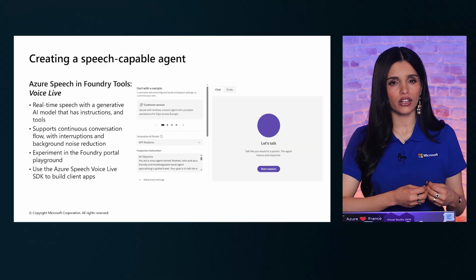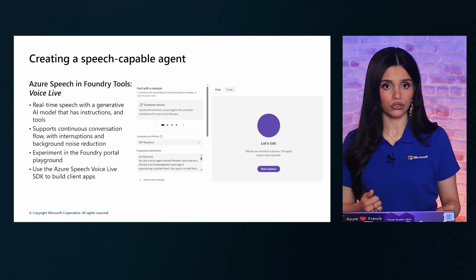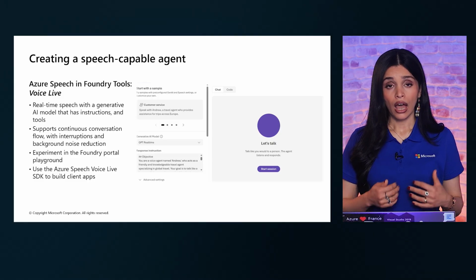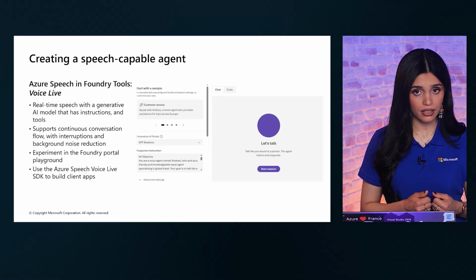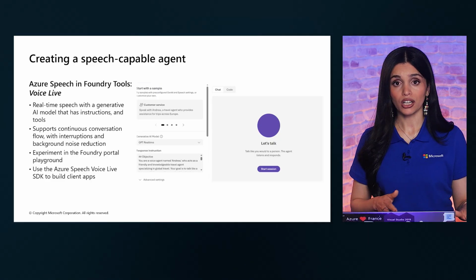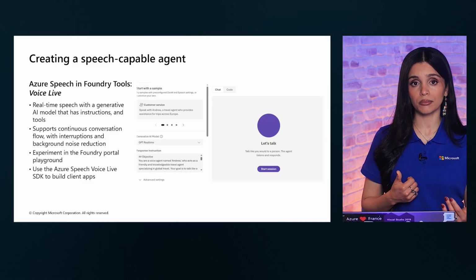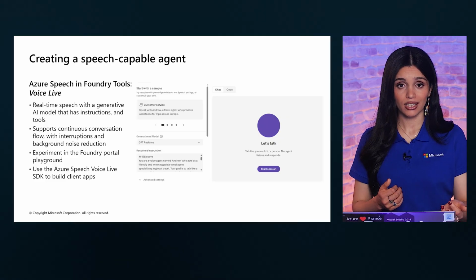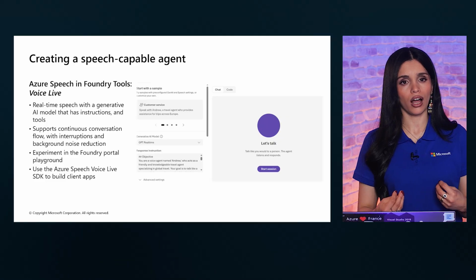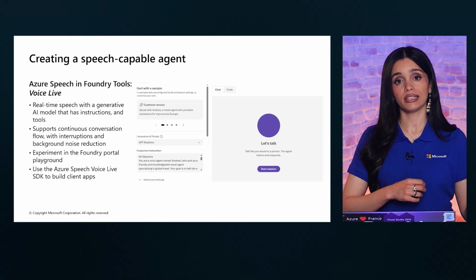The conversation feels fluid, much closer to how people actually talk. Alex starts by experimenting in the Foundry portal playground. In the playground, Alex can speak naturally and hear the agent respond immediately. No code, just talk and listen. This helps Alex understand how a real-time voice agent behaves before building anything.